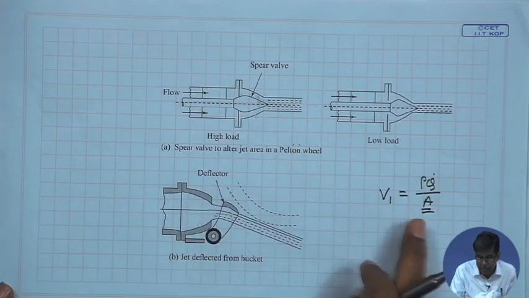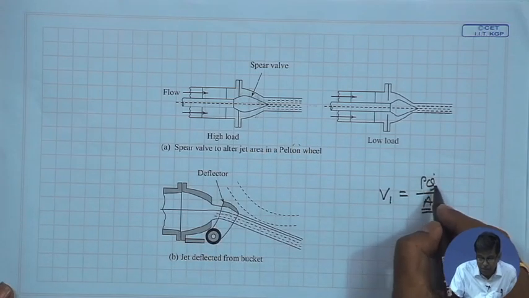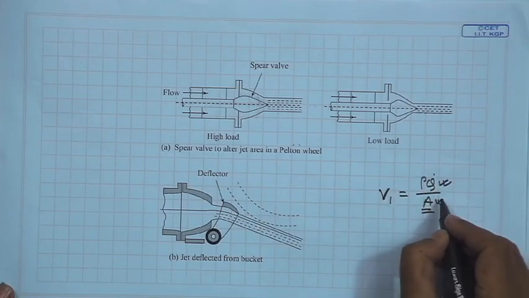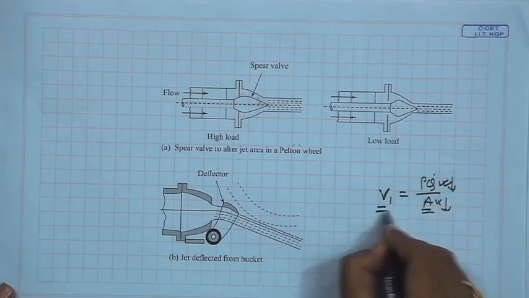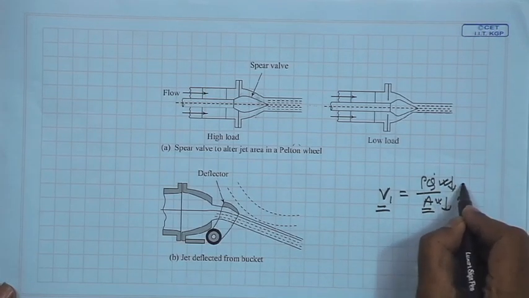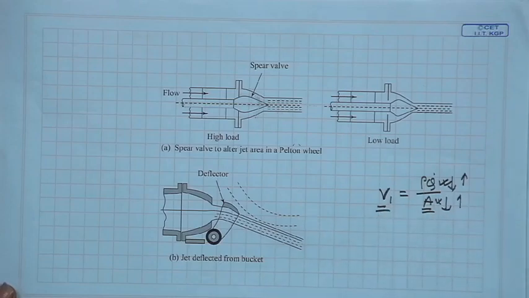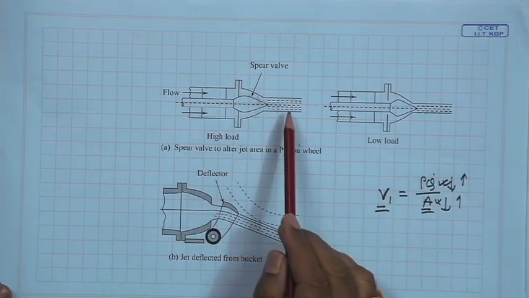So, these two are changing by keeping the V1 same. When this is reduced, Q is reduced, keeping V1 same. When this is increased, Q is increased by keeping V1 same. This is done to maintain V1 same.